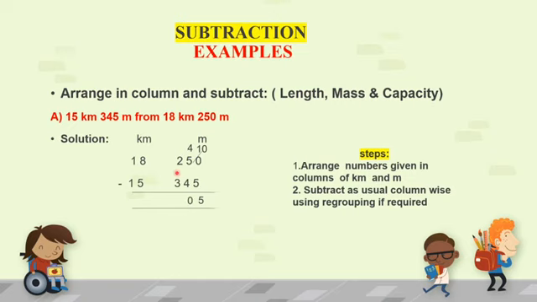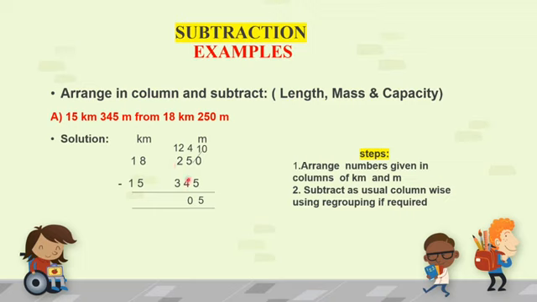Now here is 2. Can we subtract 3 from 2? No. Then what will we have to do? We'll have to borrow 1 from the kilometers column. Here we'll borrow 1 from 8. The next neighboring number is 8. So we'll borrow 1 from 8 and make it 12.